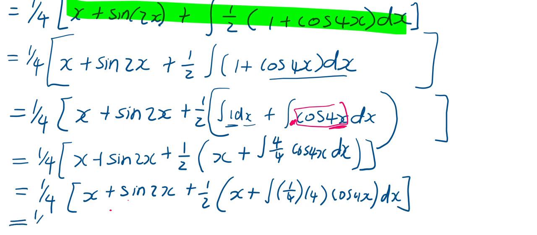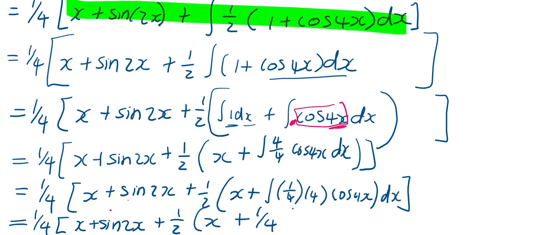So then this is equal to 1/4 (x + sin 2x + 1/2), which is x plus, so we can take out the 1/4, so that's 1/4 integral of 4 cos 4x dx, covering for the half and for the 1/4.